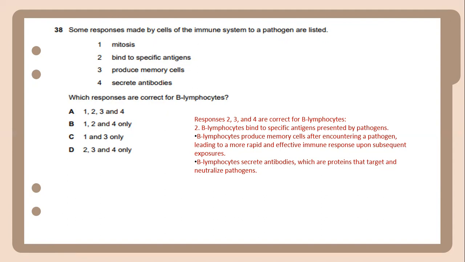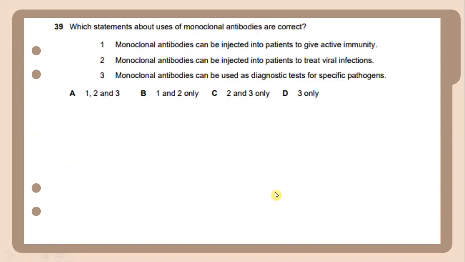B lymphocytes bind to specific antigen presented by pathogen, and produce memory cells after encountering a pathogen, leading to a more rapid and effective immune response upon subsequent exposure. B lymphocytes secrete antibodies, which are proteins that target and neutralize pathogens. The answer will be 2, 3, and 4.